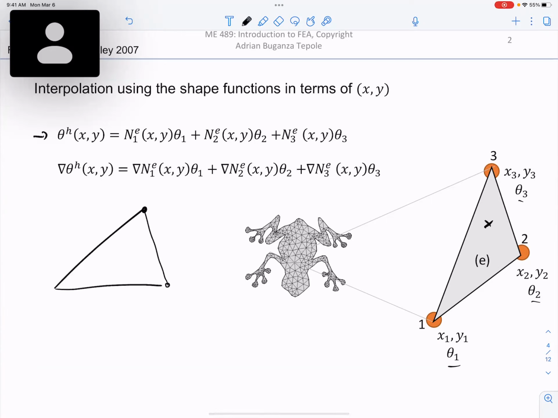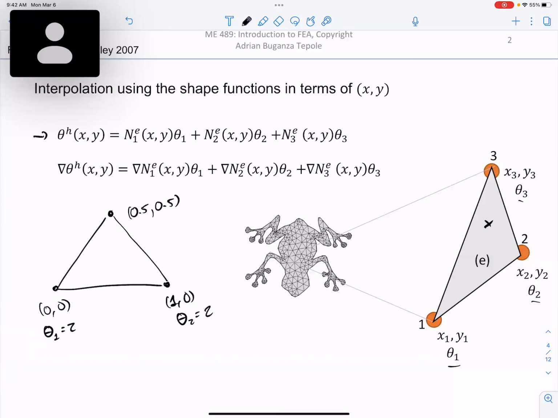So let's say that we have, I won't evaluate the shape function because it's going to be difficult, but let's do 1, 0, and let's do 0.5, 0.5. Actually, this looks more like in the middle. Let's say these are the coordinates. And then let's say that theta at this node is 2, theta at this node is also 2, and theta at this node is 5.